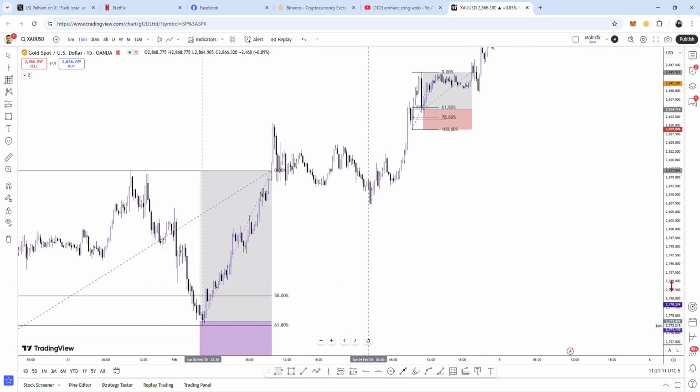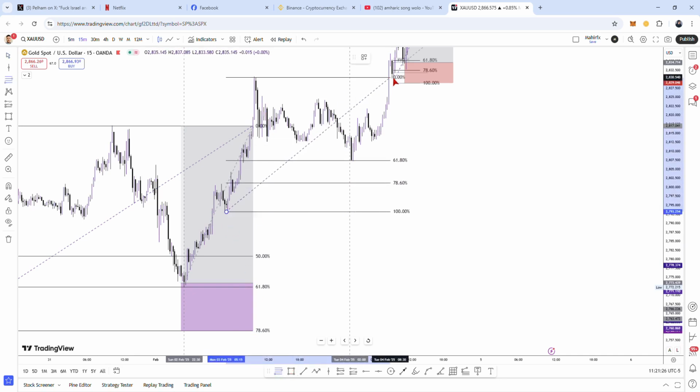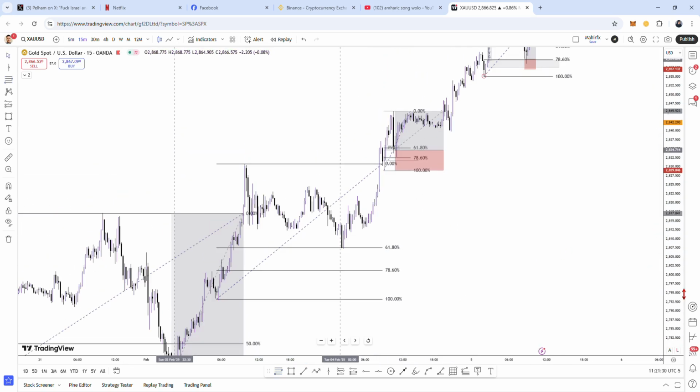So this is low, high, low, high, low. So the last low which breaks this one and makes the high, this is one, and we mark it like this. This is a perfect trade.